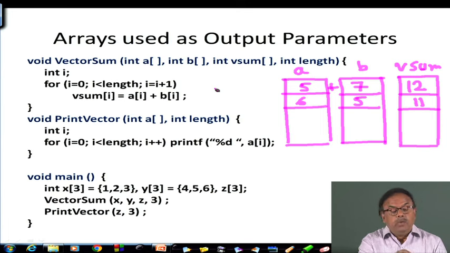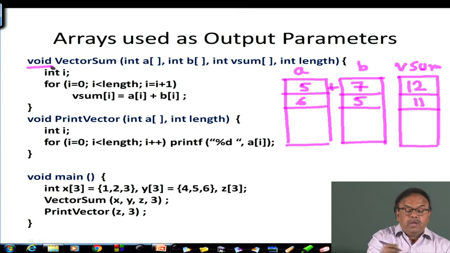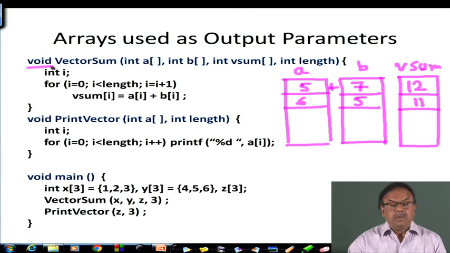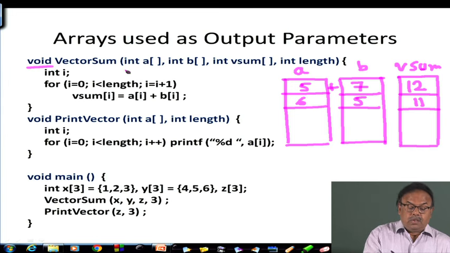Okay. So, let us see how the vector sum works. Now, vector sum will be void, because it is doing the addition and the result remains in this vector sum. So, let us start with the main function. X is an array. So, this is actually x, a, or let me put the main function first.